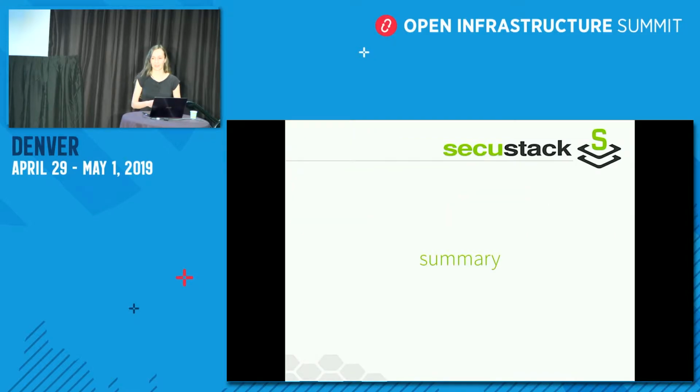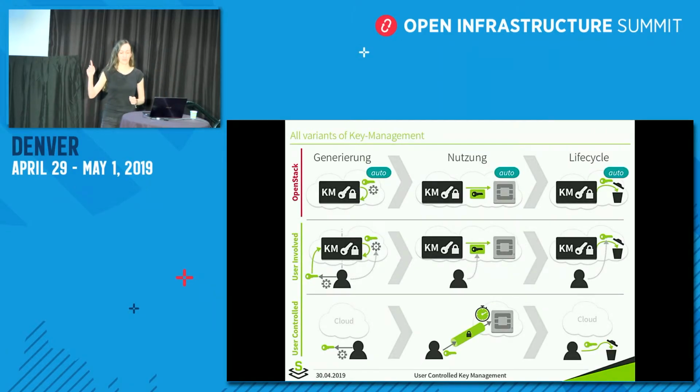Coming to an end with this short presentation, I just want to summarize again. On the one hand, we have the normal OpenStack way, which is completely automatic: automatic key generation, automatic usage, and automatic key deletion. Our users wanted to have more control.